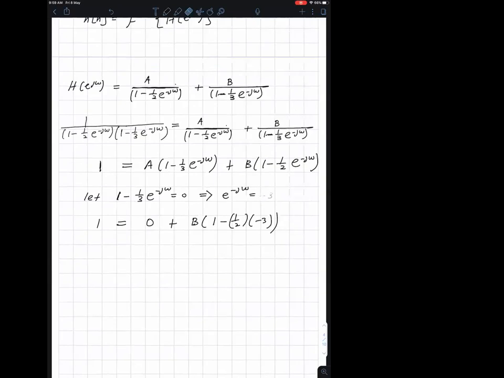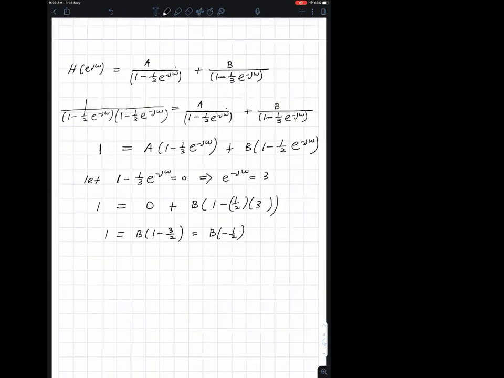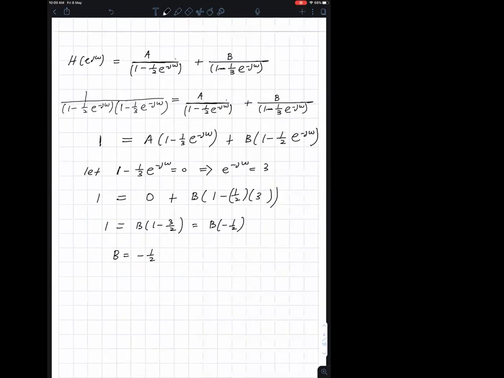Correct. Thanks. So now you solve for B. 1 equals... so B is minus 2, is it?